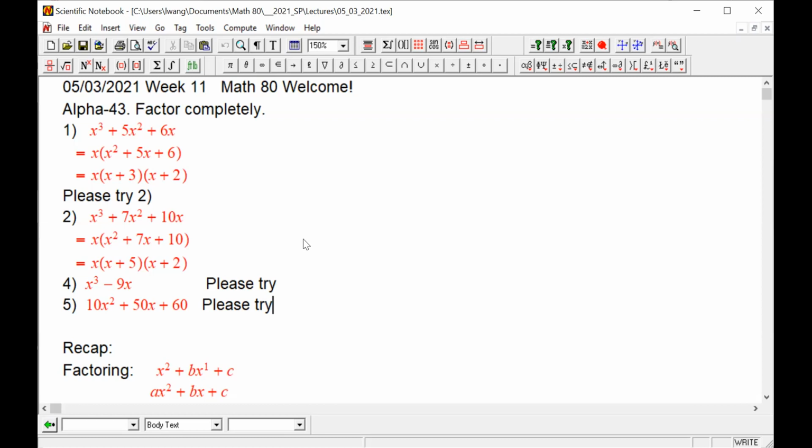Okay, but you can see the way we factored number 1, number 2. The first step we did, we factored out something you have probably heard called GCF, the greatest common factor.